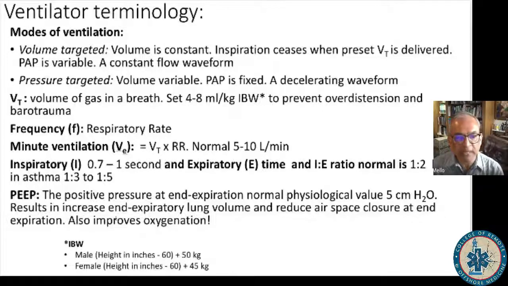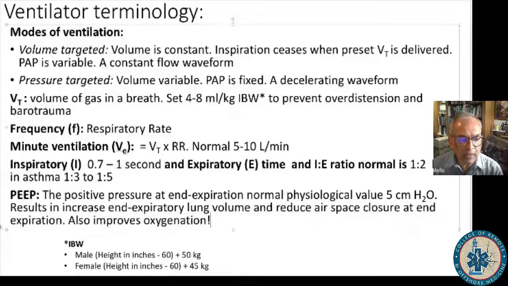PEEP is the other alternative way of improving oxygenation. You can improve oxygenation by increasing the FiO2 or applying PEEP. And here at the bottom, I've given you the equation to work out the ideal body weight.